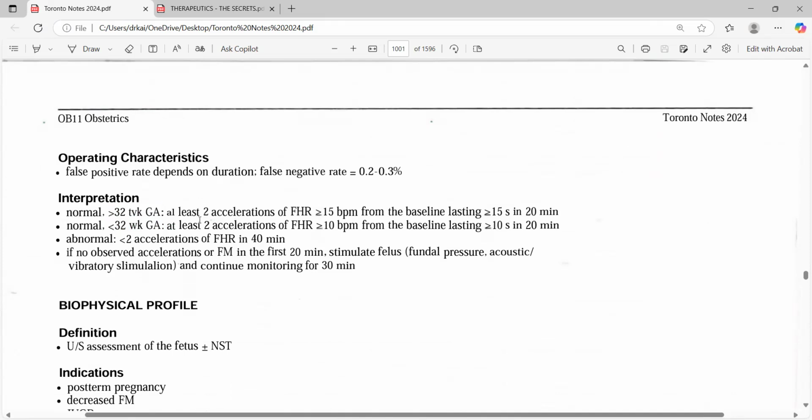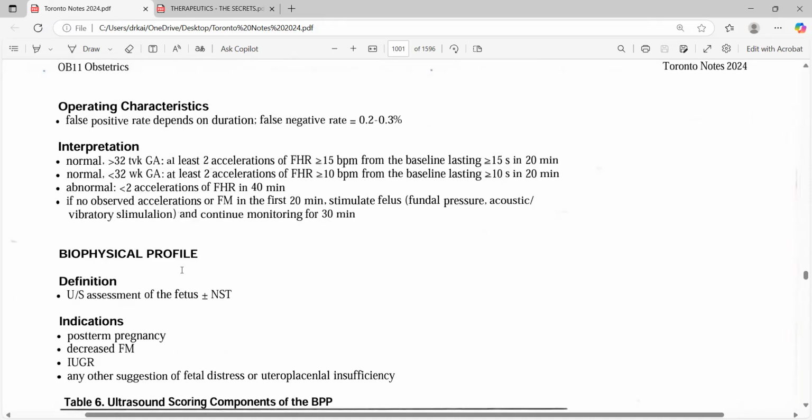Two accelerations should be normal, more than 15 BPM, lasting for more than 15 seconds in 20 minutes. Less than two accelerations is not good. Deceleration is bad, as you can go D. D is basically demotivated, or D or whatever is bad. Acceleration is good. If there is no observed acceleration or fetal movement in the first 20 minutes, stimulate the fetus to see how it's going on.